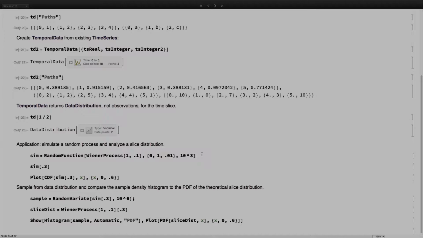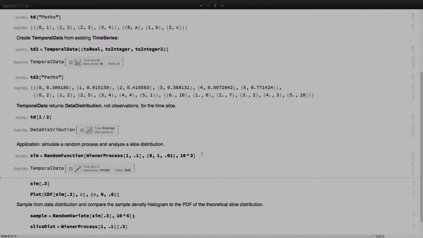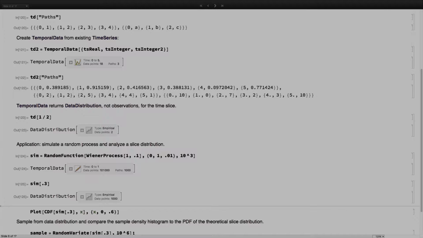An example application, where these temporal data objects actually first came to be, is the simulation of random processes. So what I have here is a simulation of a Wiener process. It's from 0 to 1 in steps of 100, and I simulate 1,000 paths. And this is the storage for such simulations, temporal data. And at the point 3, I'm going to have a data distribution.